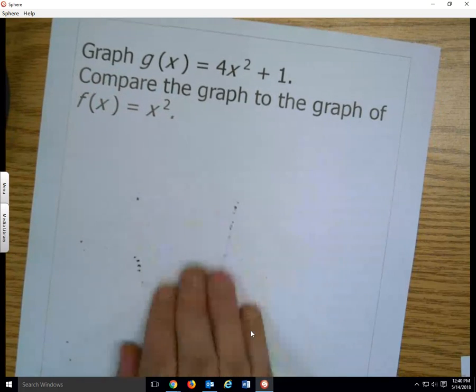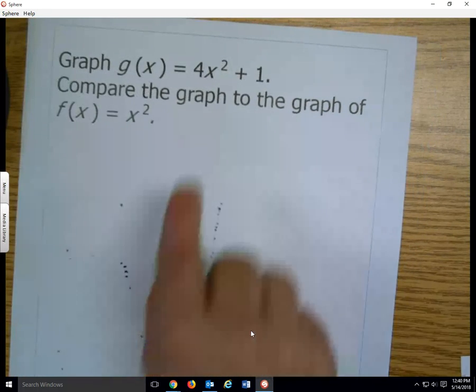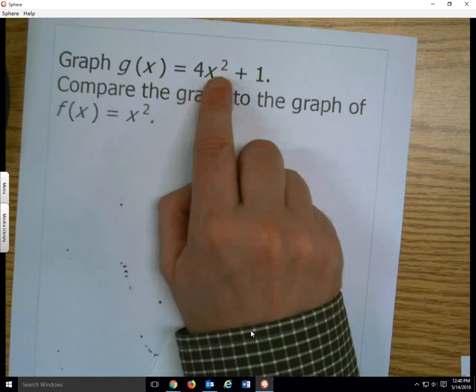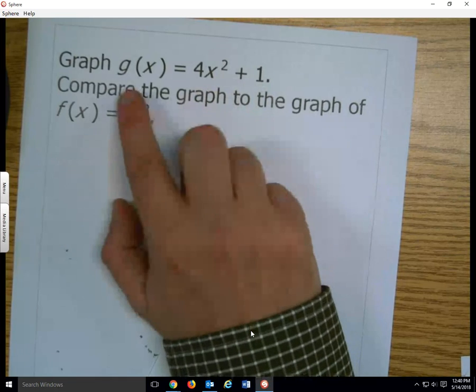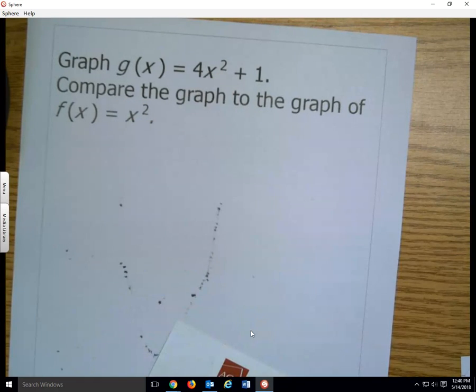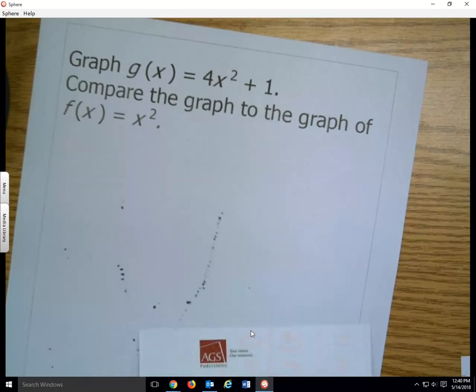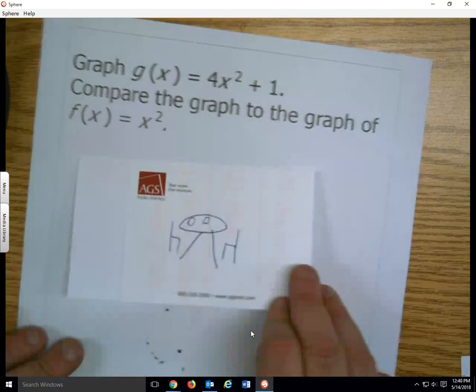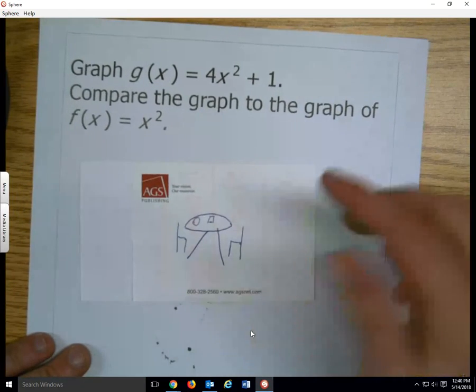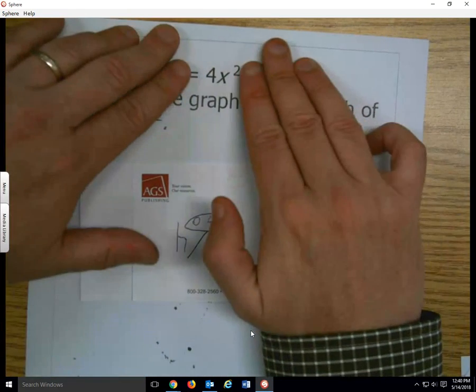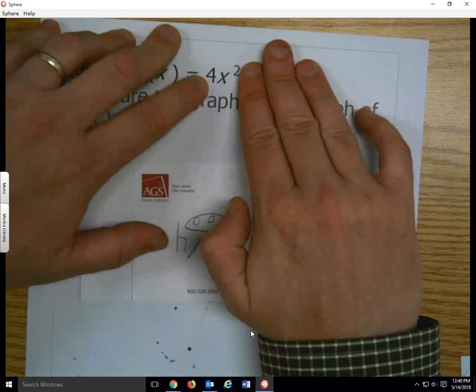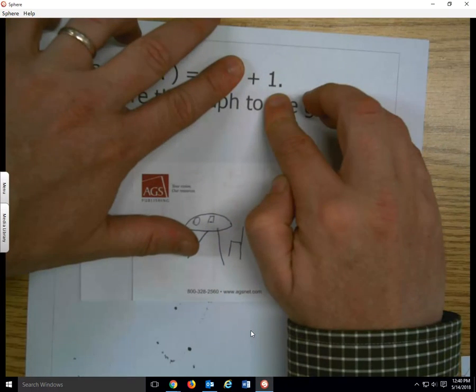So starting off, it says graph 4x squared plus 1, and then compare it to the graph of f of x equals x squared, which is basically the parent function. How do you do that? Well, the steps are the same. Believe it or not, they haven't changed from when it was just an a in front, or just a k at the end.